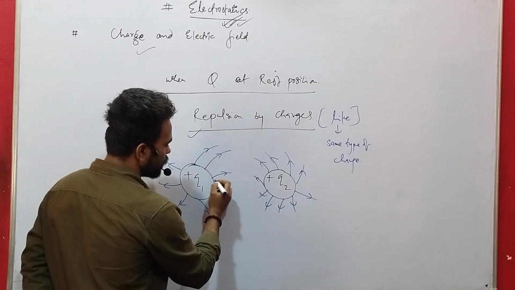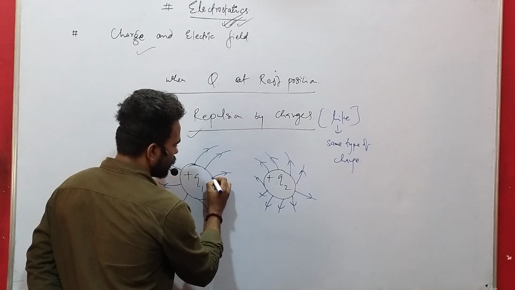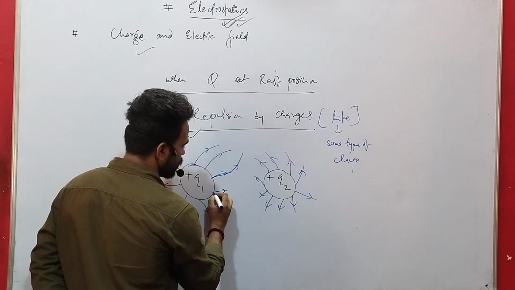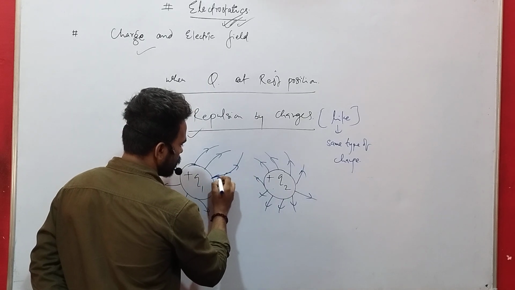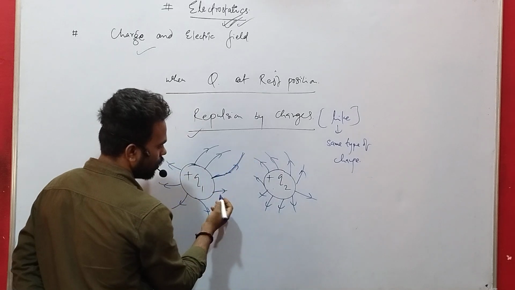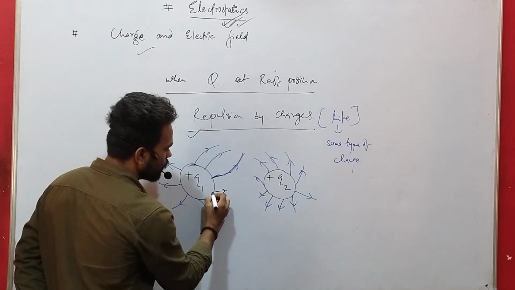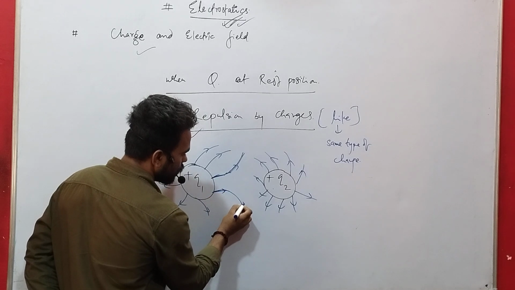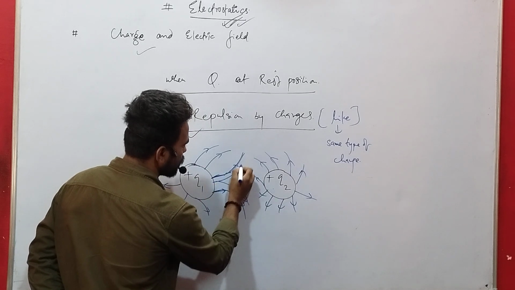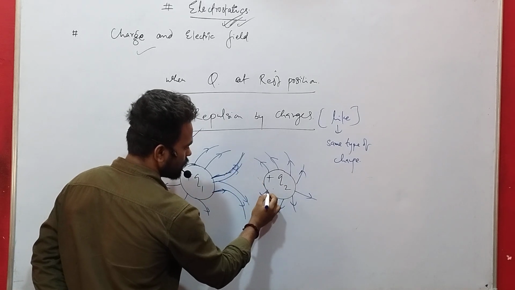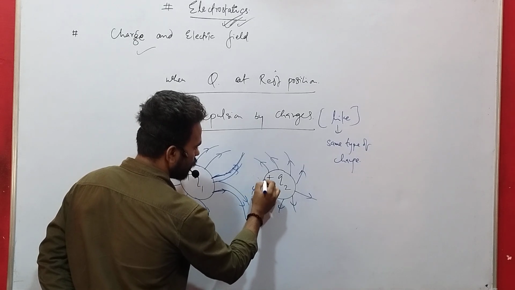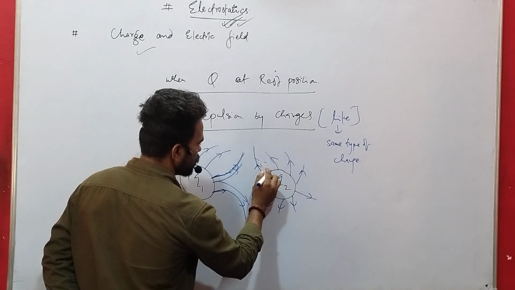Then the electric field of both, with the direction outward, when both charges come closer, creates a curve of the electric field.